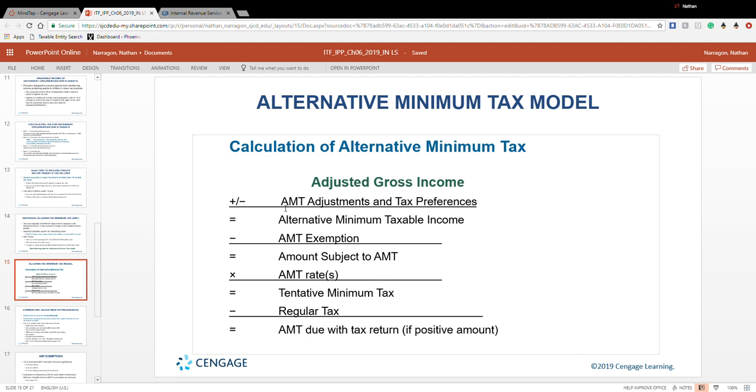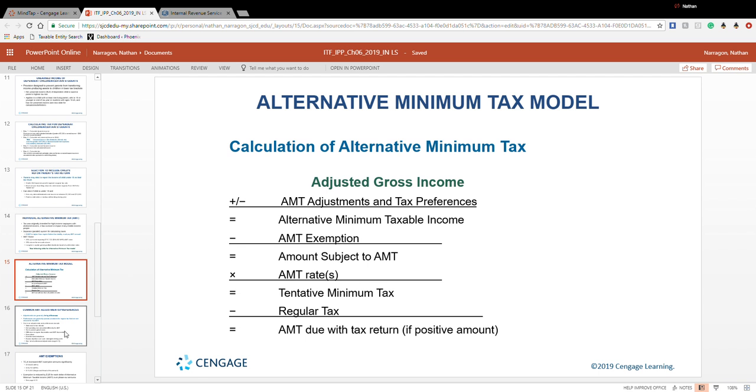Minus the exemptions equals the amount subject to alternative minimum tax, times our rate, and this is the minimum tax minus any regular tax, and you pay only if it's a positive amount. If regular tax beats out alternative minimum tax, then hey, you don't have to pay AMT. Okay.